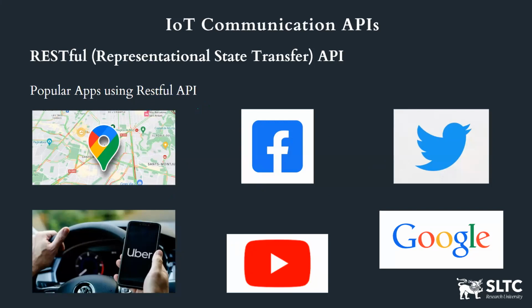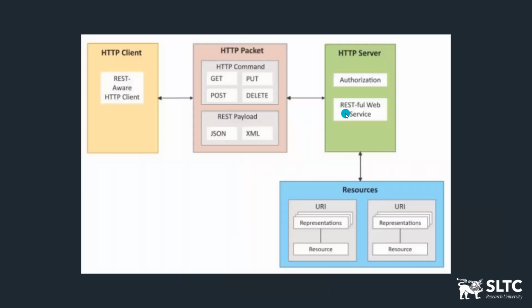So what are these characteristics? The RESTful API will use a specific message type and message format to send the request message, and the response message also will have a certain standard format.